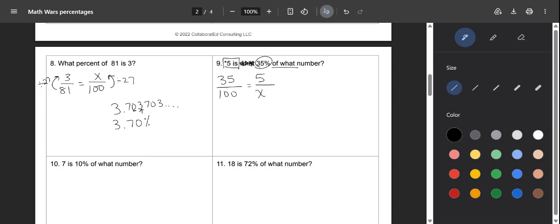I could either figure out what number would take me from 100 to 35. I don't know that number off the top of my head, but I could figure out what number gets me from 35 to 5. I know 35 divided by 7 will get me to 5. So I would do 100 divided by 7.